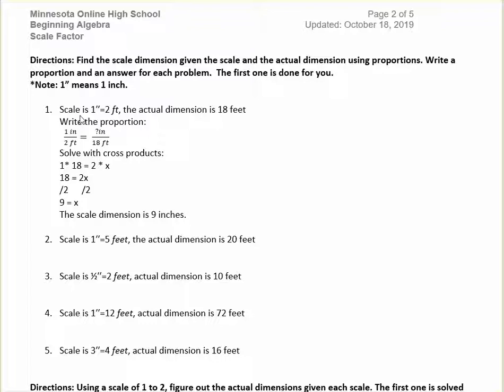In number 1, we're given the scale. The scale is that 1 inch is going to be equal to 2 feet. And we're also given the actual dimension, and the actual dimension is 18 feet. Each time we're going to write the scale dimension ratio. The ratio will be the scale dimension, or the measurement on the drawing, over the actual.